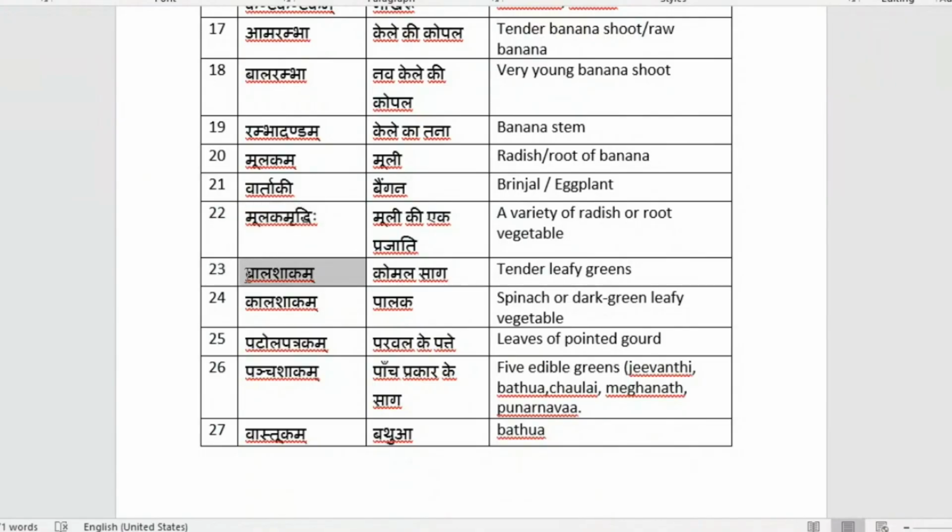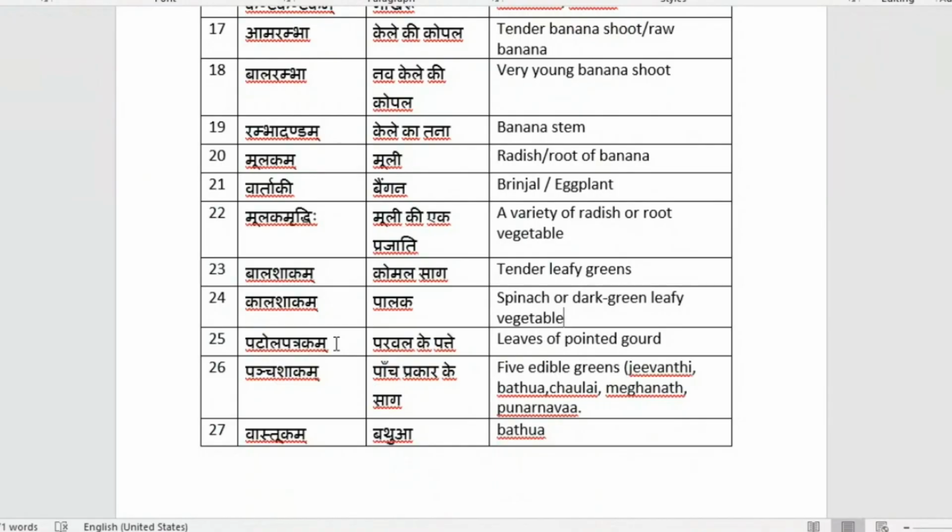I would again request, I'm repeating again and again, try to remember the Sanskrit words only. Then just like Bala Shakam, it is now Kala Shakam. That is spinach. Somewhere it is also called kali cholai, or we can say black cholai. It's a dark green leafy vegetable. That is what they are saying.